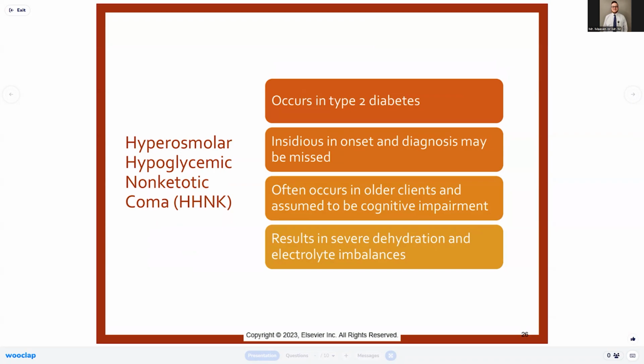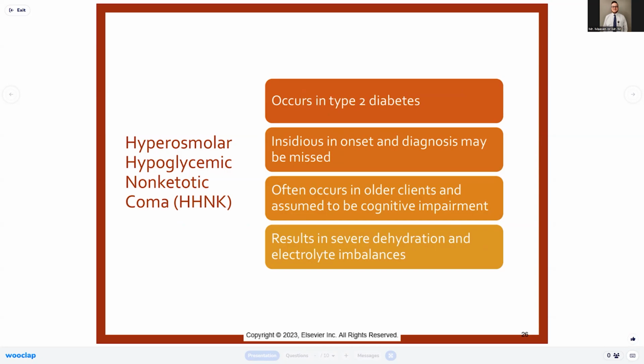It's called HHNK or HHK. HHNK is hyperosmolar hyperglycemic nonketotic coma or syndrome. It's basically a condition of excess, extremely high glucose.